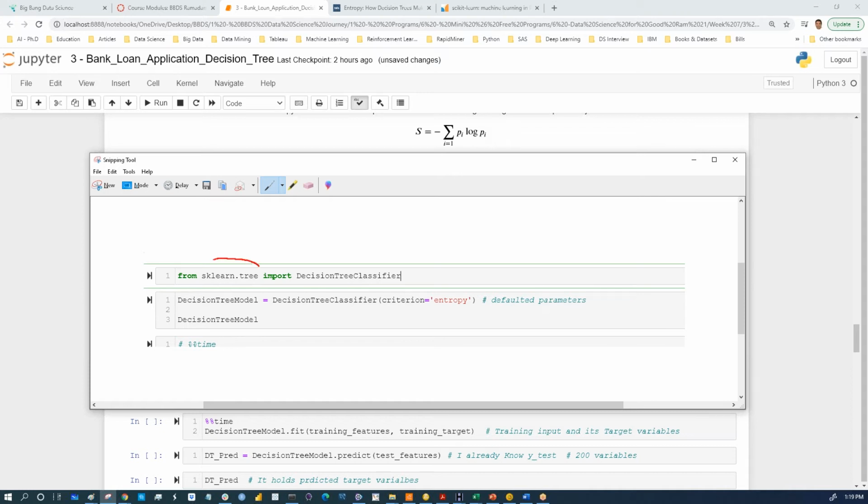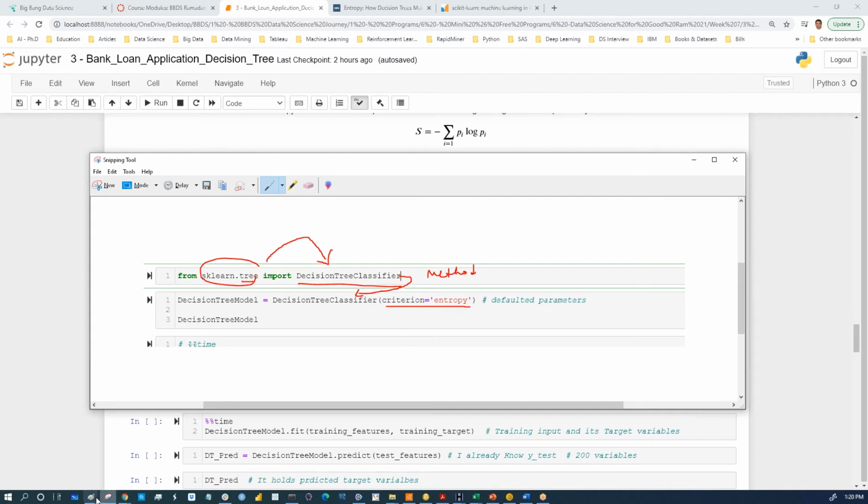So from scikit-learn you specify the tree; I need only a decision tree model, a method. And we are going to use this method with an entropy. So we are telling it, hey, decision tree, go ahead and use the entropy criterion.